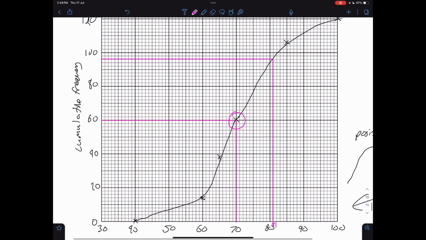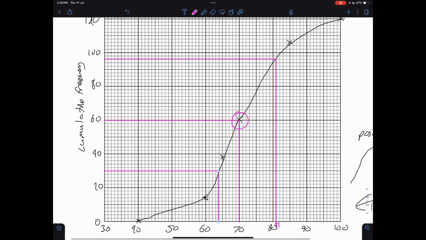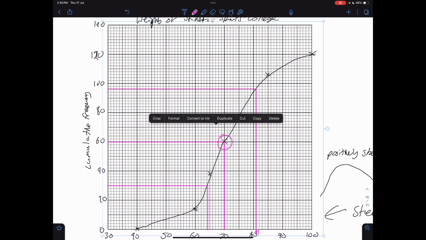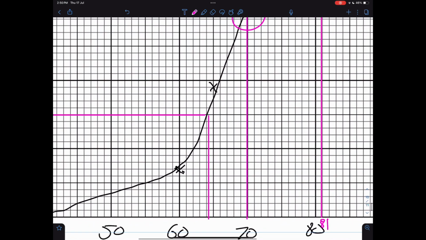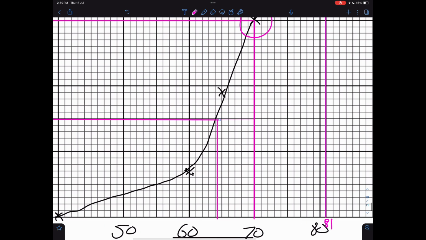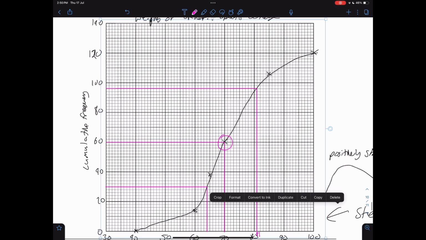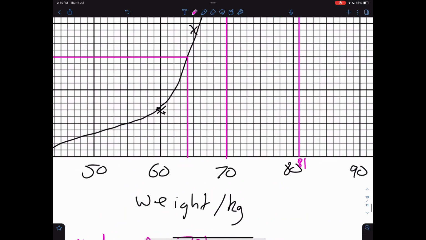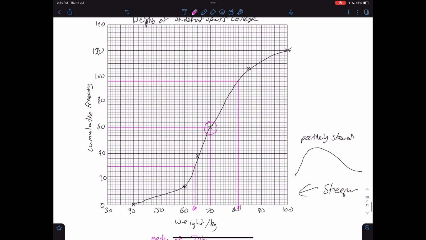And you can also estimate your quartiles. The lower quartile is going to be at 30, that lines up here, and that's at 64.